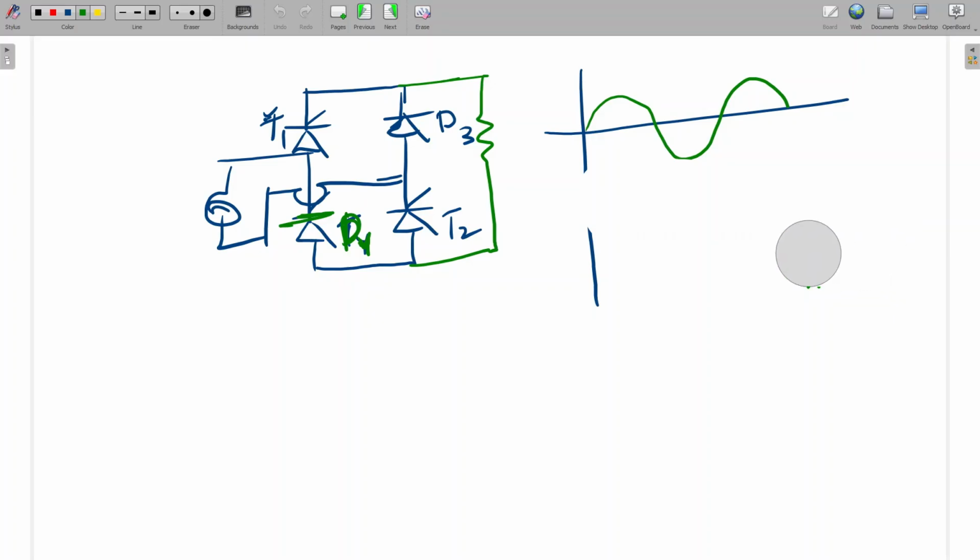So T1, T2, if we are firing here, will conduct up to here. Again, here automatically D3, D4 will conduct. So it will be the same only.